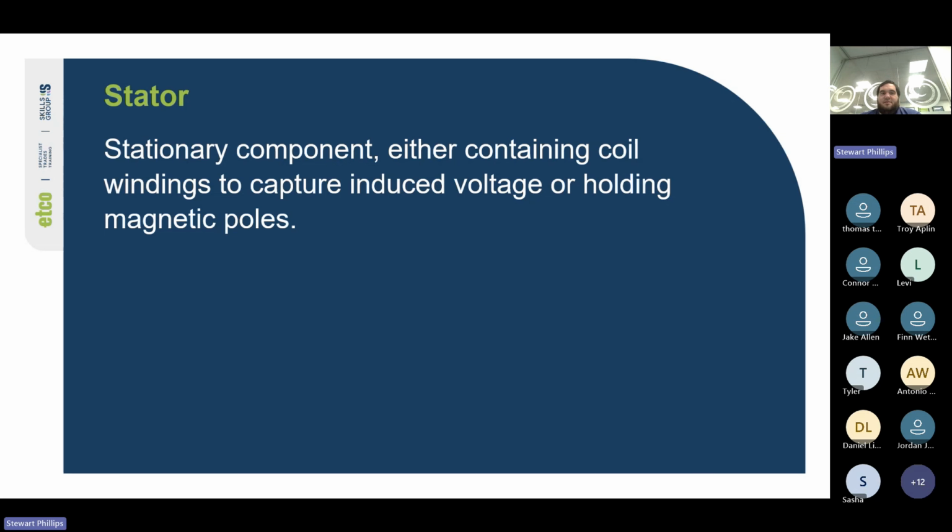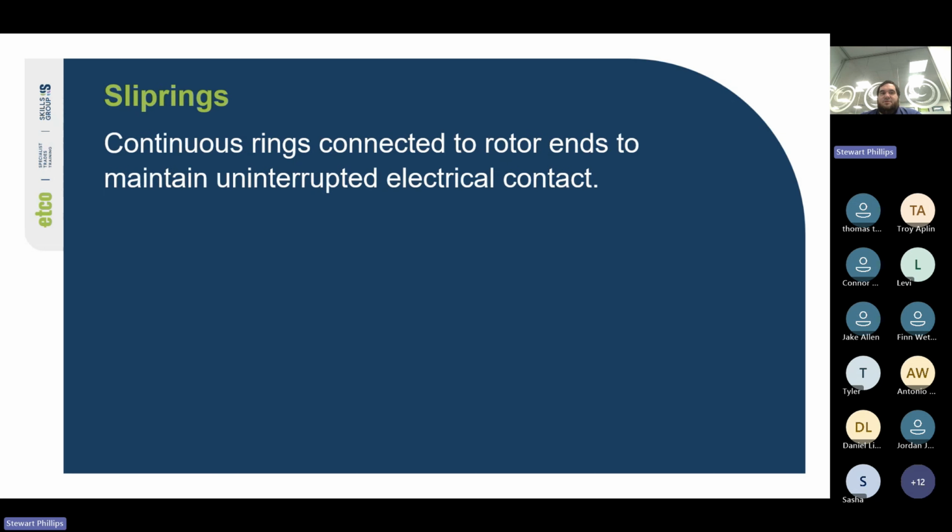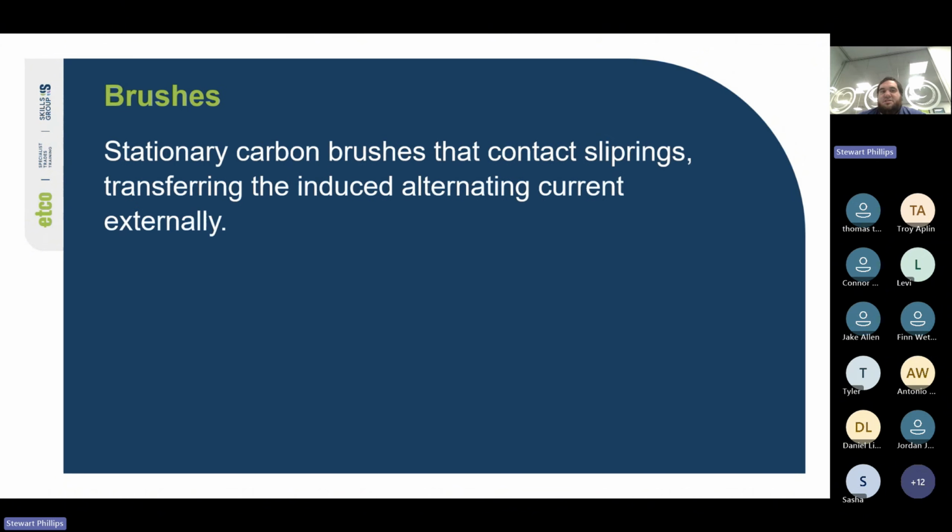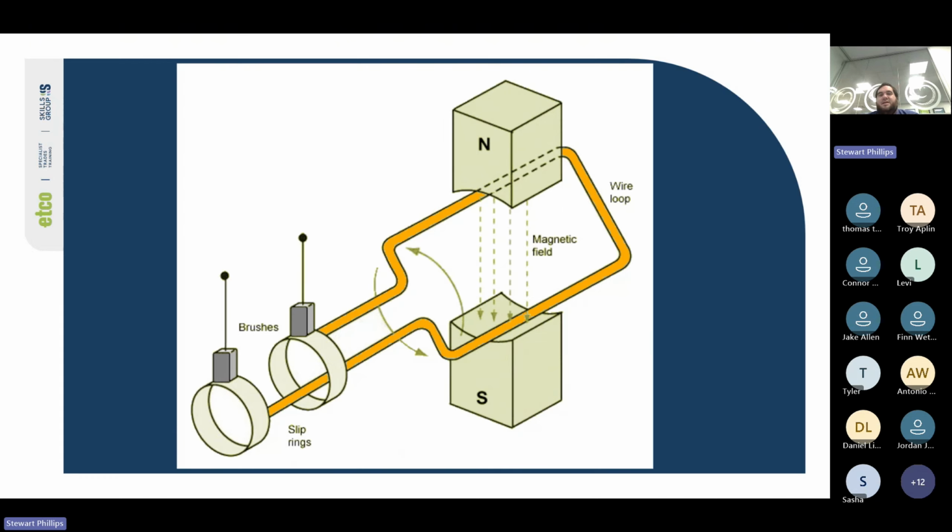And then we have slip rings, or continuous rings connected to rotor ends to maintain uninterrupted electrical contact. Again, we have brushes. They're stationary, they don't move. And so this is the most basic type of alternator you can have.